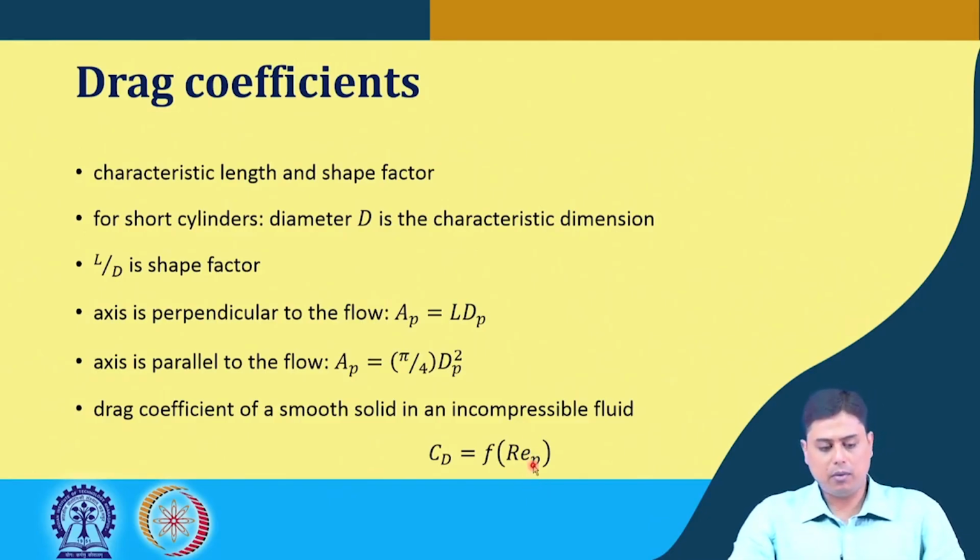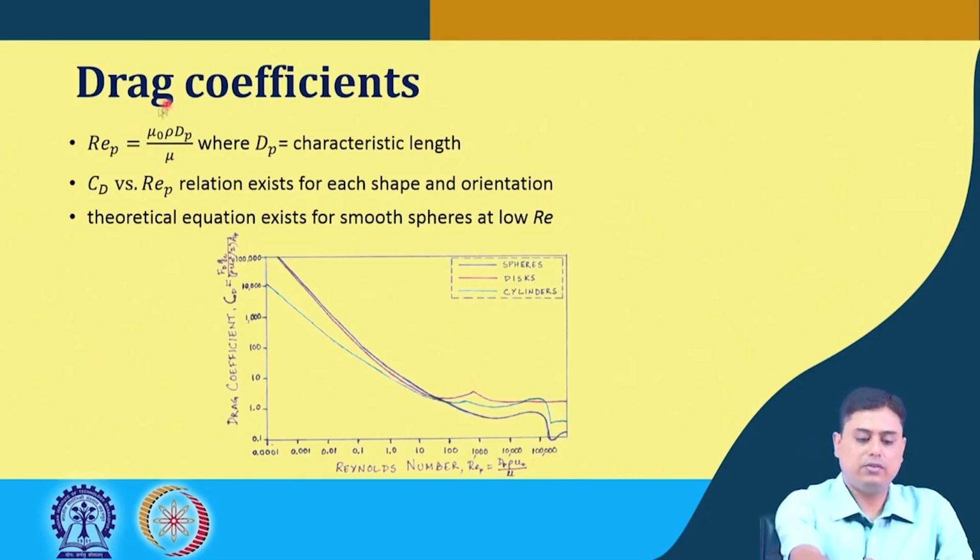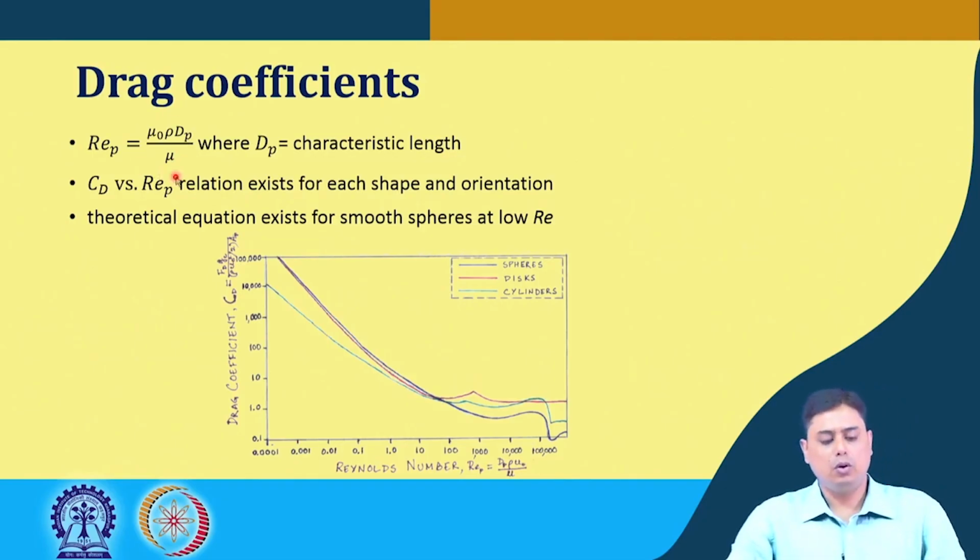This particle Reynolds number is defined by such a definition, where u0, rho and dp form the numerator and mu is the denominator of this REP, where dp is the characteristic length.